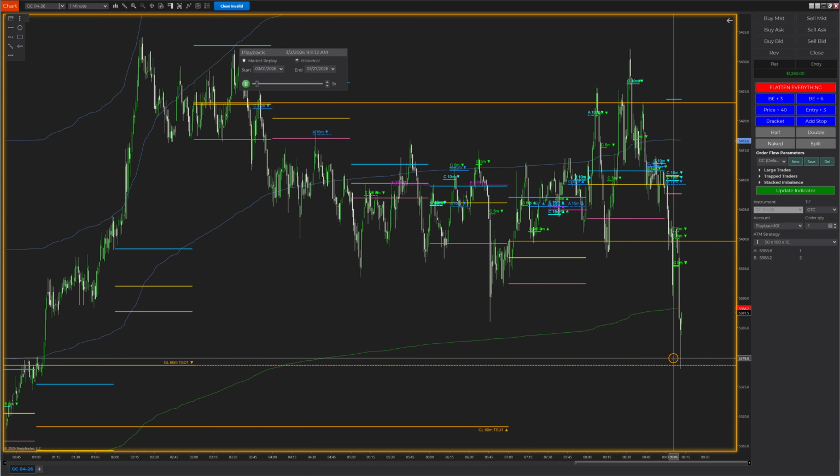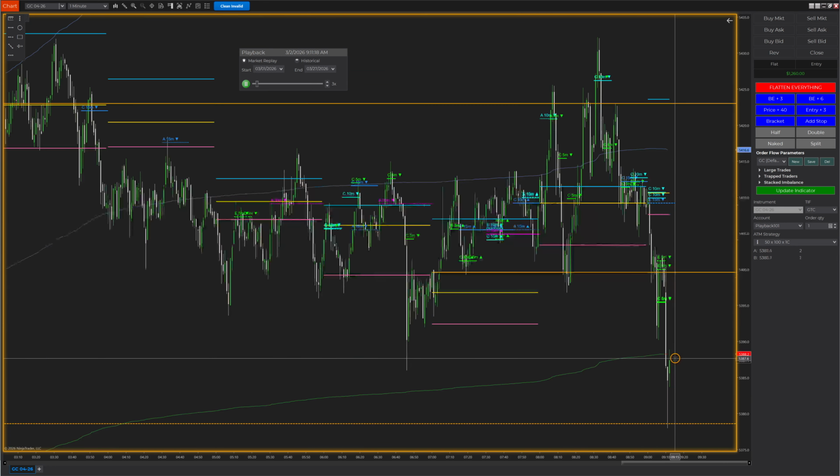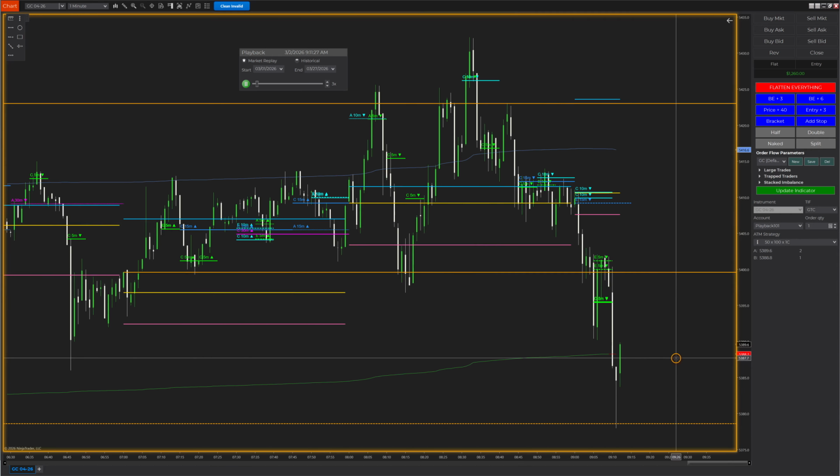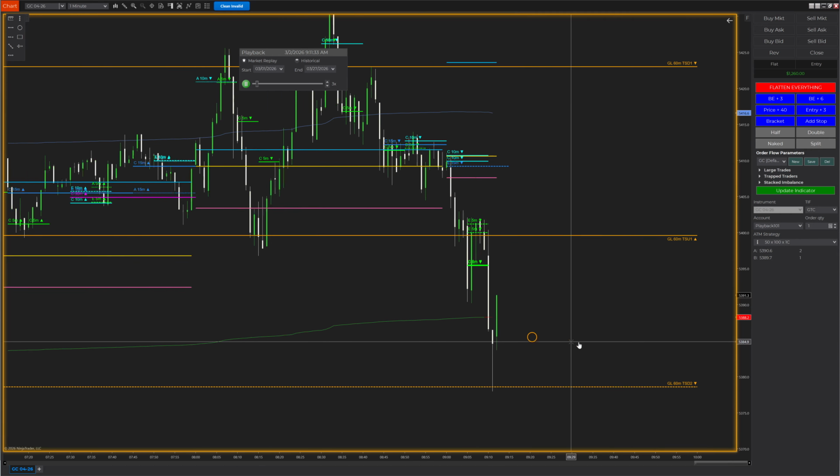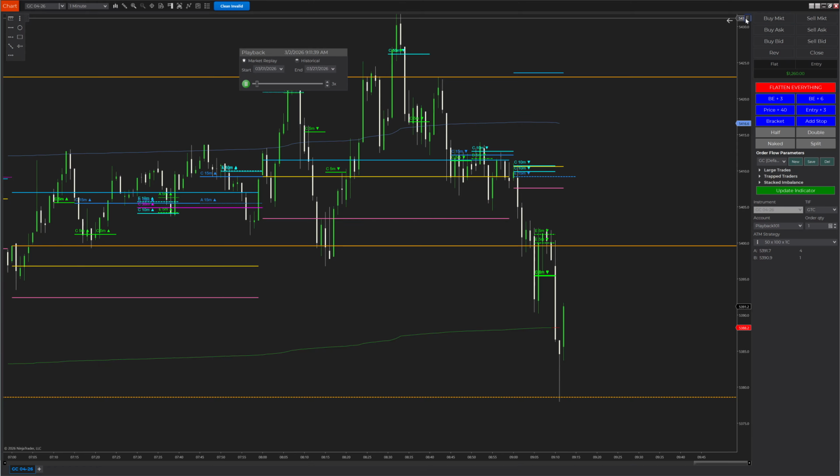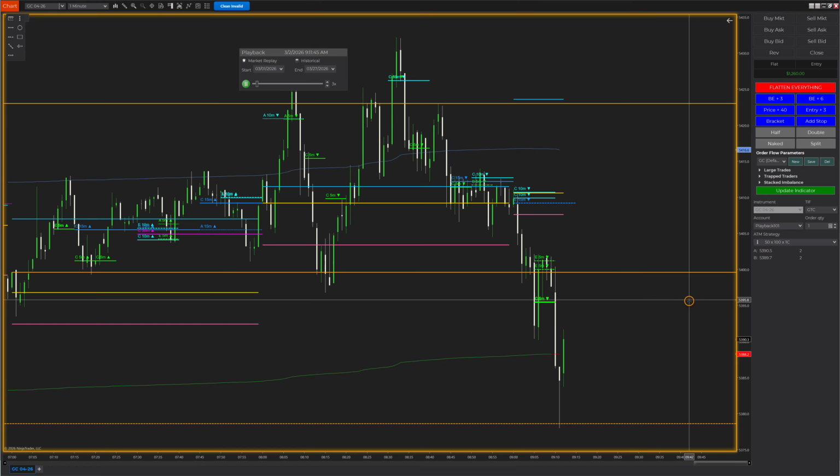Now we are at what is this? Trend start down. And just because it has a D for trend start down does not mean it's necessarily supposed to go down from there.